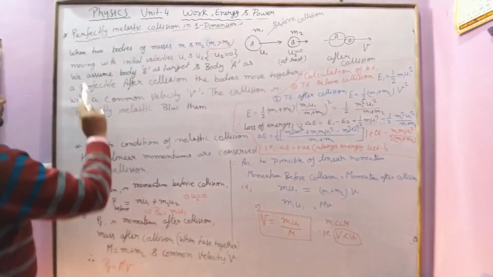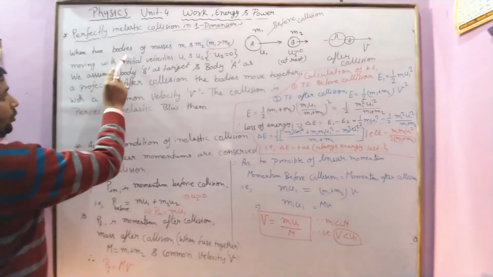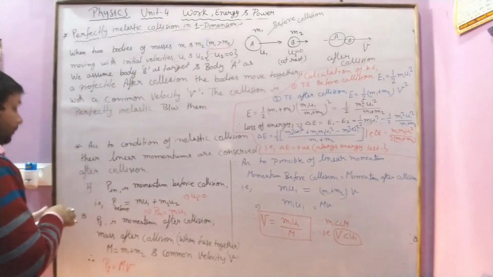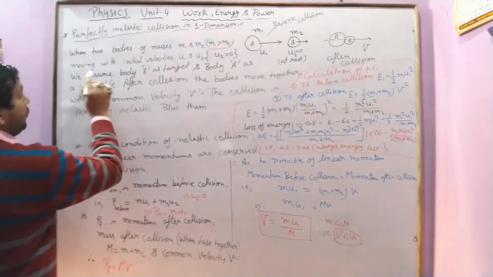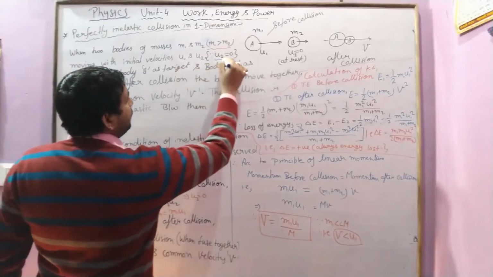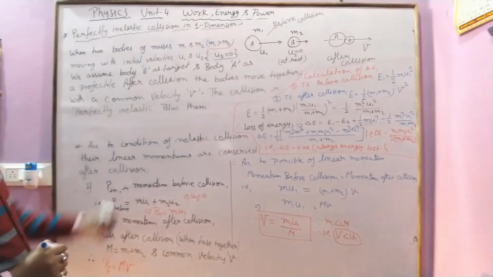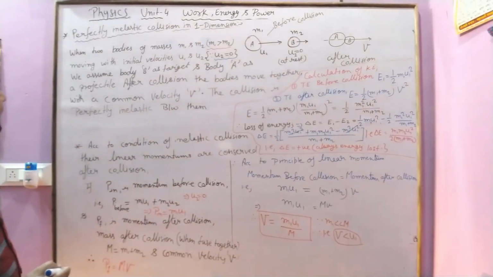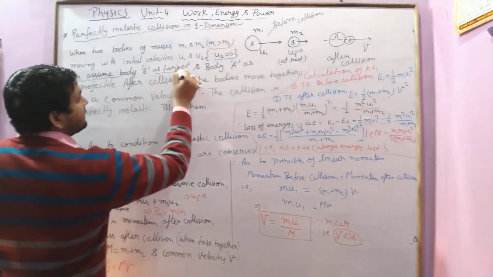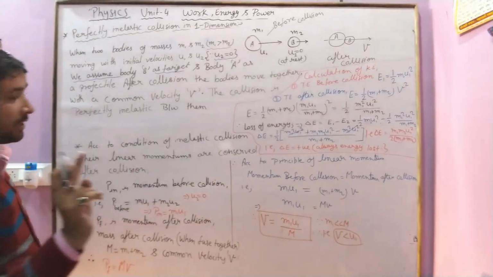Now when two bodies of masses m1 and m2, where m1 is greater than m2, are moving with initial velocities u1 and u2, where u2 is 0, which means object B is at rest, we assume this object as target. It is an important thing.